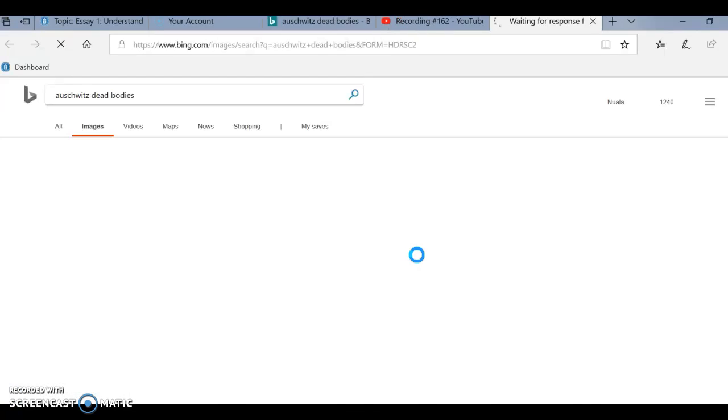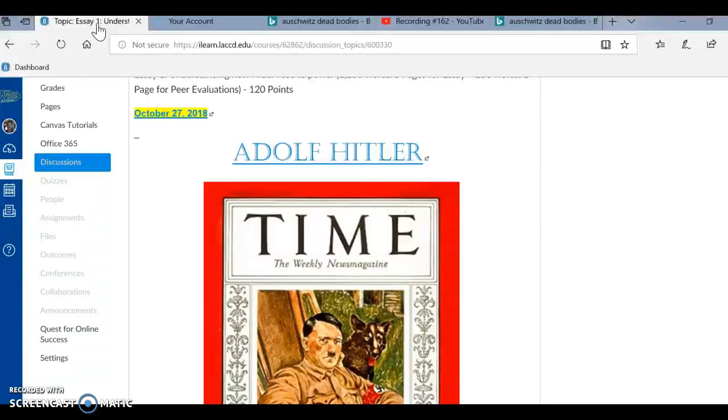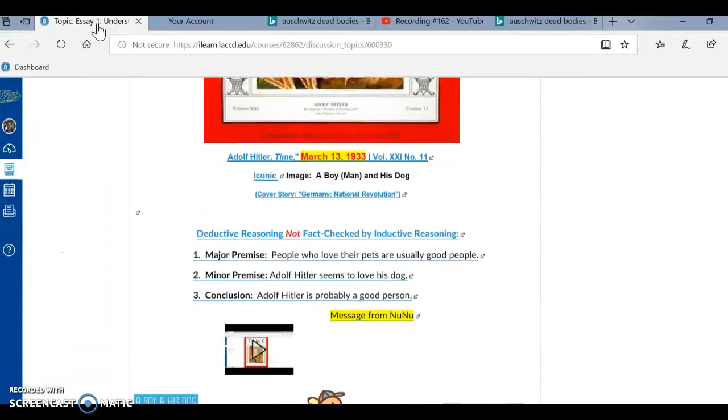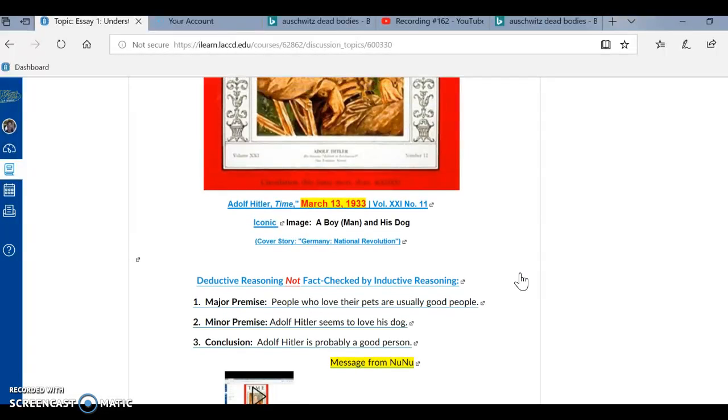And what is Hitler responsible for? It's hard to look at these photographs and realize that all of these different legs in here, these are all people. This is what this guy is responsible for. And in 1933, when Time published this image of Hitler, so iconic, a boy and his dog, what was going on?